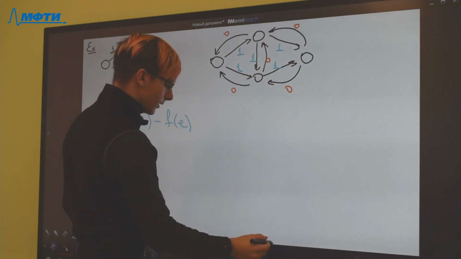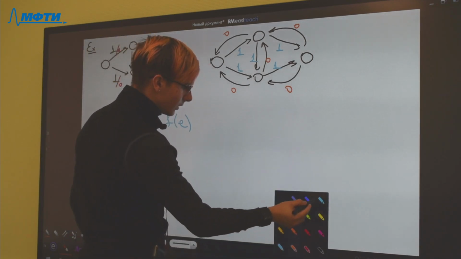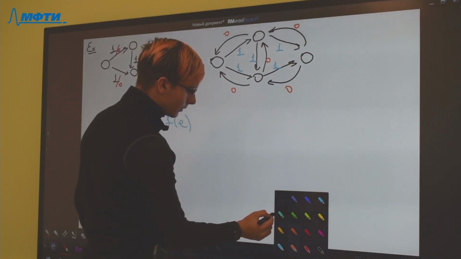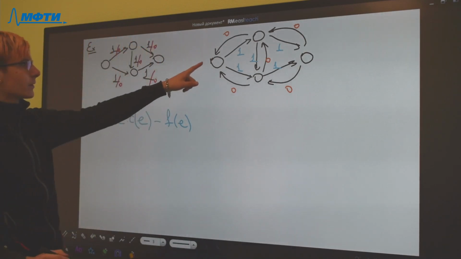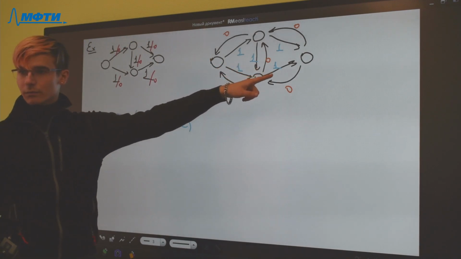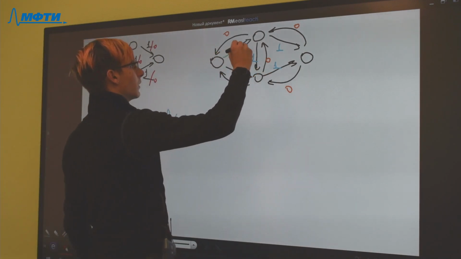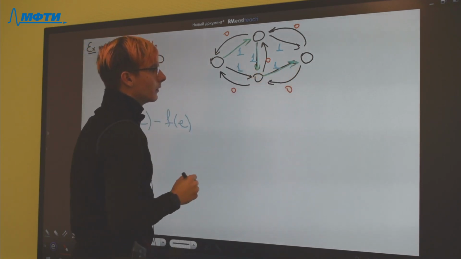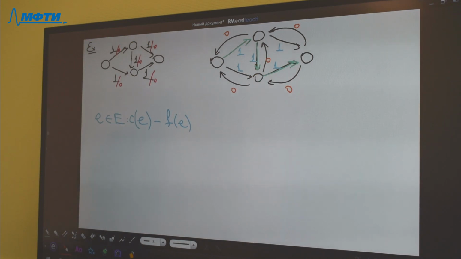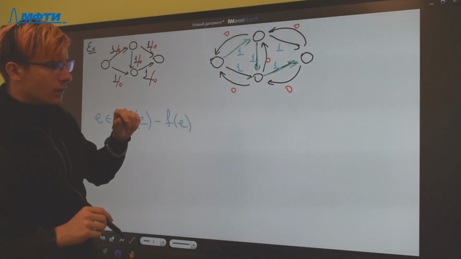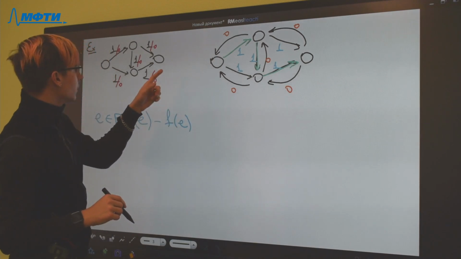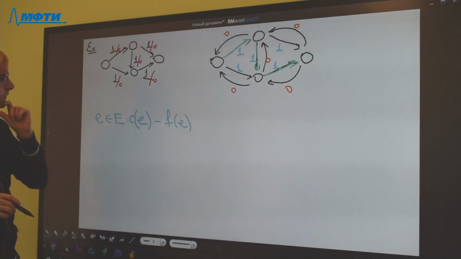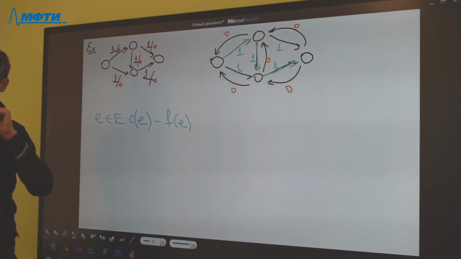So I try to find a path from the source to the sink. For example, I can find this path. And if we have an augmenting path, we say that this flow isn't the maximal flow of the graph.